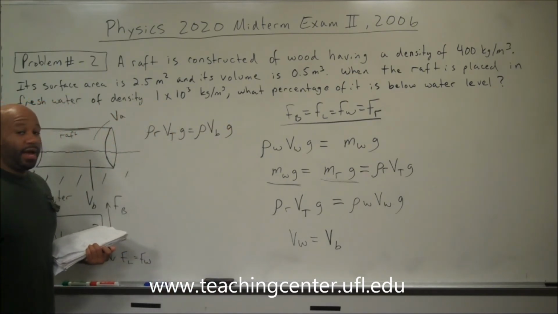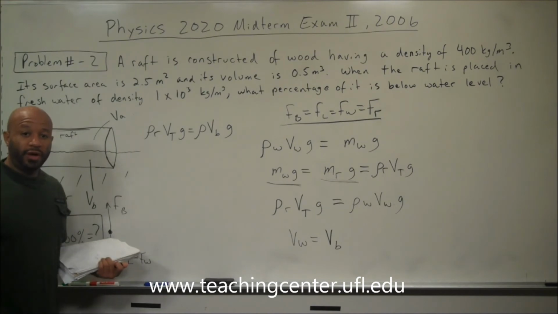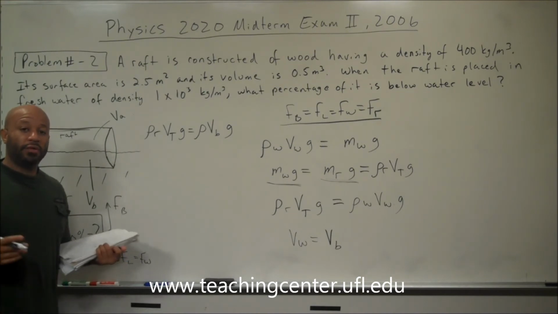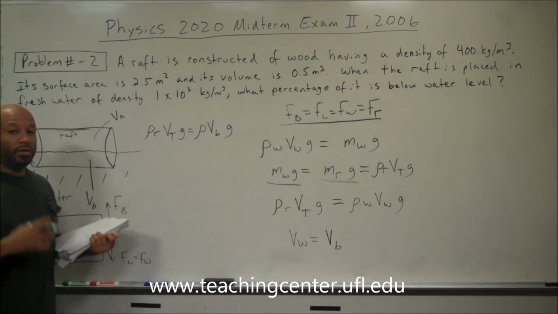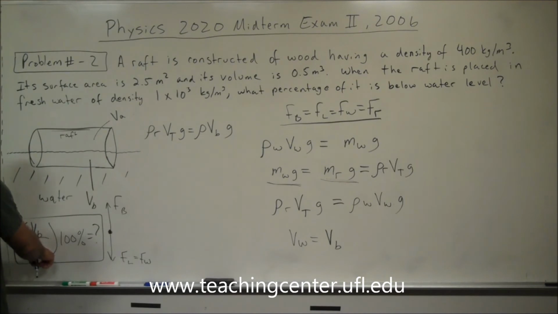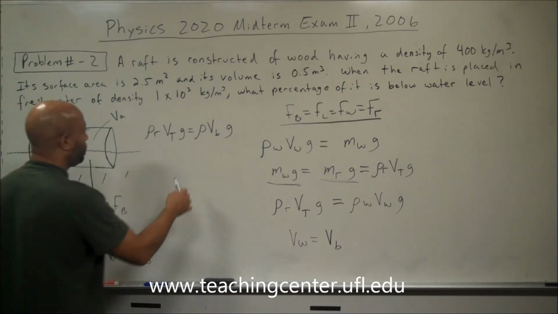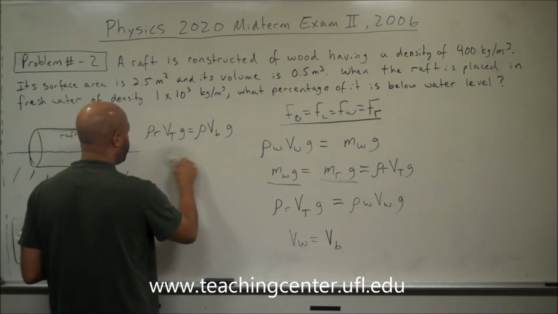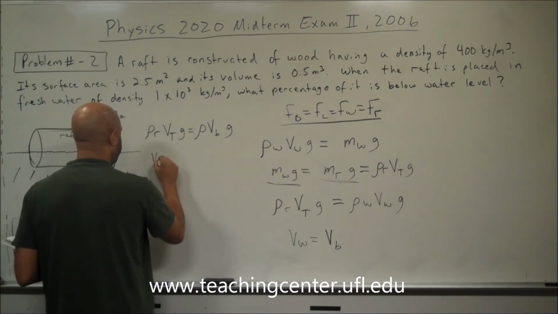Okay? And if we keep in mind what we're trying to find, in this particular case we're trying to find the percentage of the raft that's actually under the water, we're actually trying to find VB divided by VT.